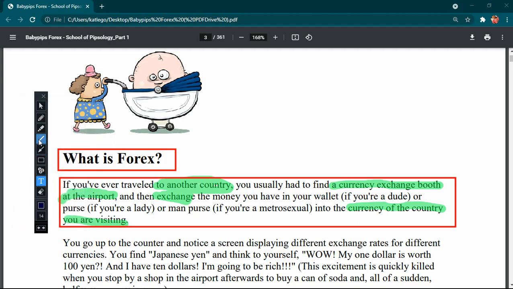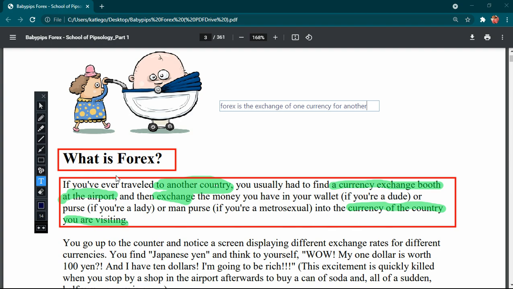Maybe I can say forex is the exchange of one currency for another. So this is my short explanation of what forex trading is, and as you see, BABYPIPS here has explained it in a bit more detail.